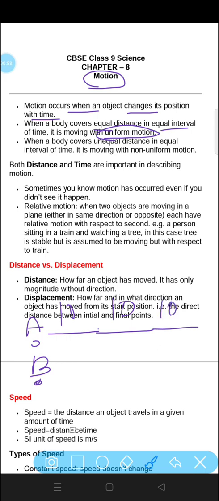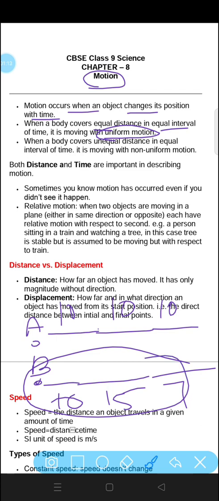Again it covers 10 meters in 1 minute. Similarly, B is the object which covers 10 meters in the first 1 minute, then 15 meters in the second minute, then 7 meters in the third minute. So this is non-uniform motion, and the A object is called uniform motion whenever the body covers equal distance in equal interval of time.